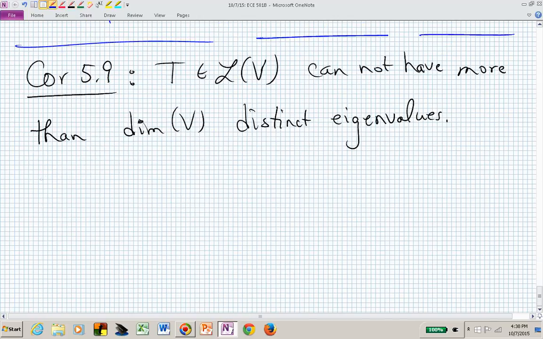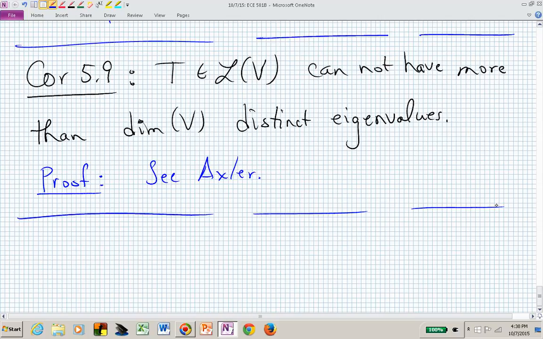And I'm just going to refer you to the textbook for that. But that sort of, I hope, makes some intuitive sense. We can't have more eigenvalues than we have dimension of our vector space, and consequently we can't have more than n, the dimension of V, distinct eigenvalues.